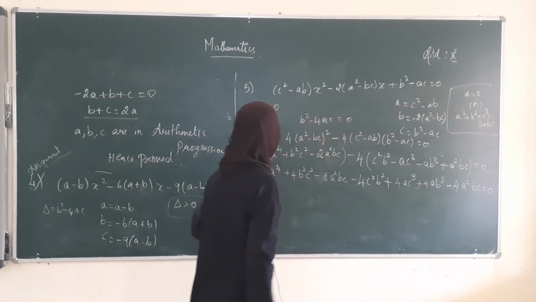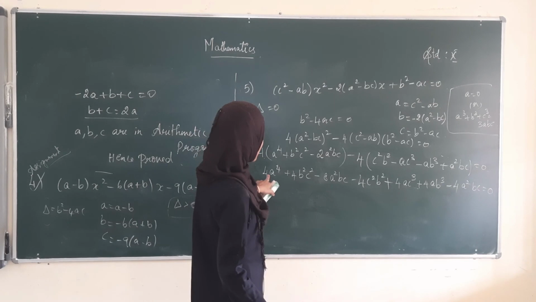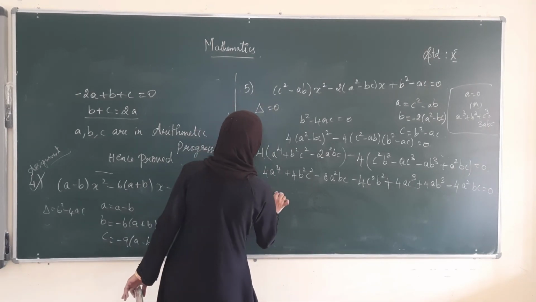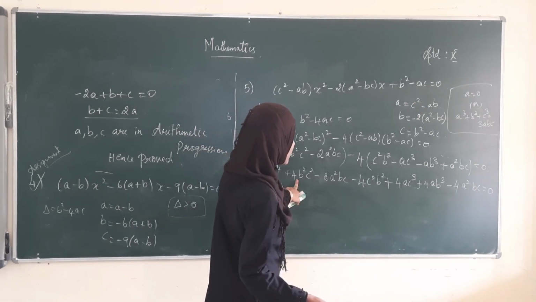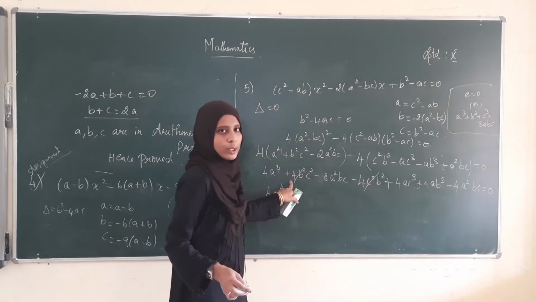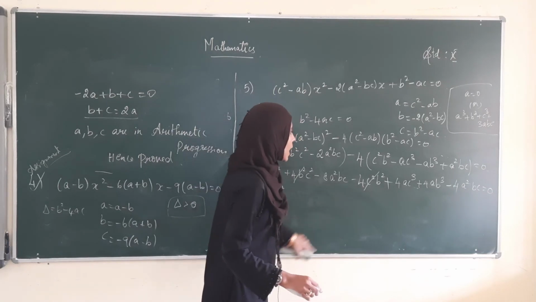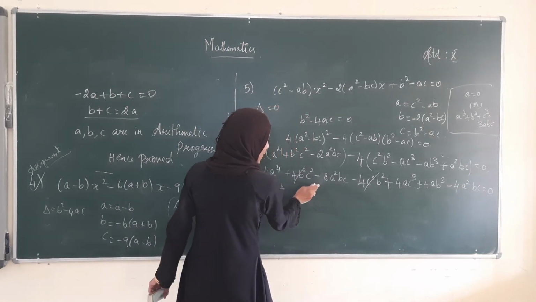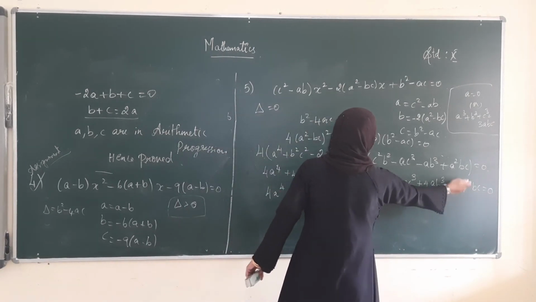Do we have a 4a power 4 term? We don't, therefore let us take it as it is, 4a power 4. Then the b squared c squared term: here it is plus 4b squared c squared, here it is minus 4b squared c squared, therefore we subtract it. Next term: minus 8a squared bc, and here minus 4a squared bc.